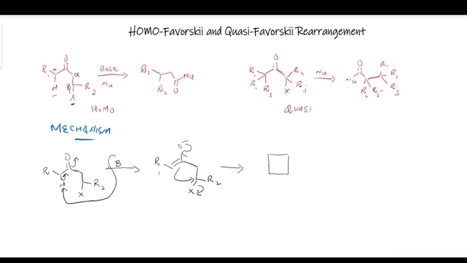So you can see here 1, 2, 3 and 4 carbons make up this cyclobutanone intermediate.